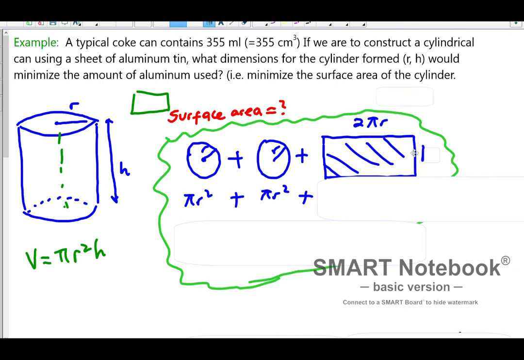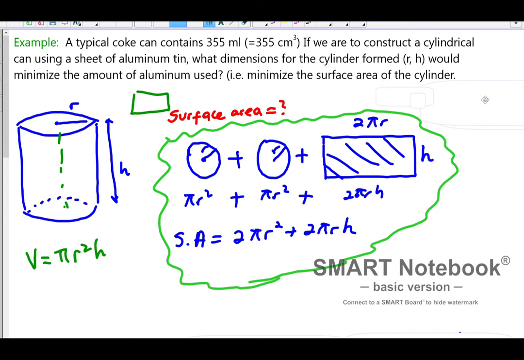And the height of your rectangle will be the height of your cylinder, which is h. So if you multiply those two dimensions, 2 pi r times h, that is the surface area of the side panel of your cylinder. So if you add up everything, it will be 2 pi r squared plus 2 pi r h. That is the surface area of a cylinder.